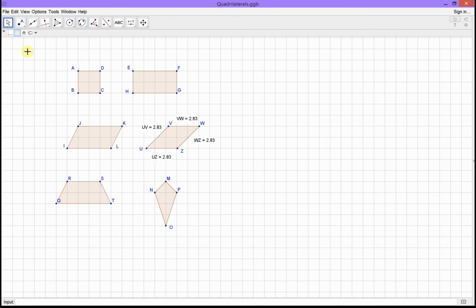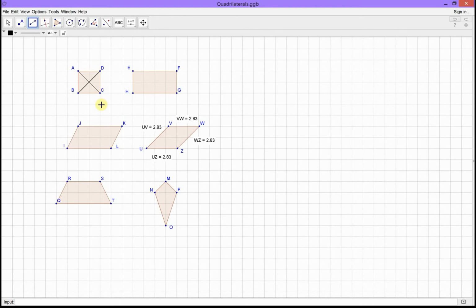So we can use GeoGebra to do some work for us. We can draw a diagonal by picking the line segment tool, clicking on the point A and clicking on the point C. So now we can see the diagonal for the square. We can click on B and click on D and make a diagonal there as well. Now the diagonals here are quite interesting.